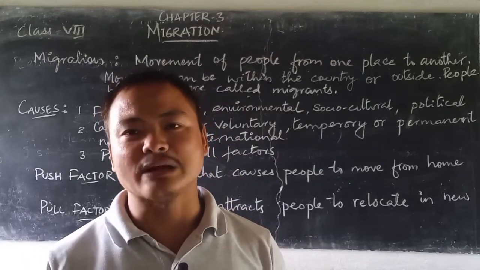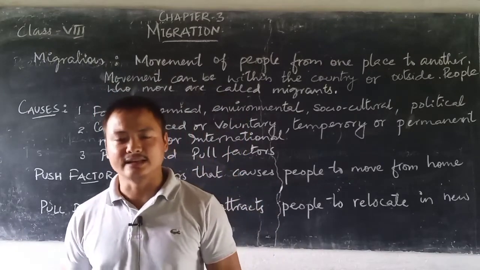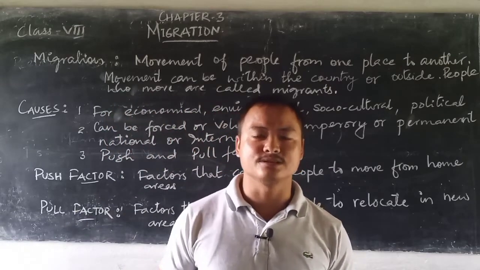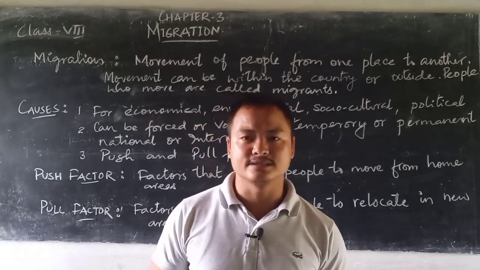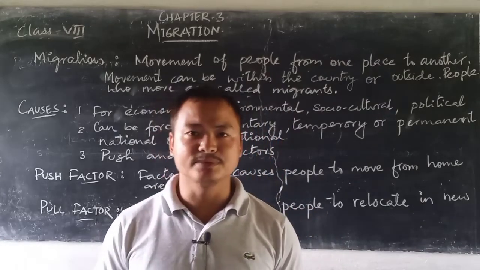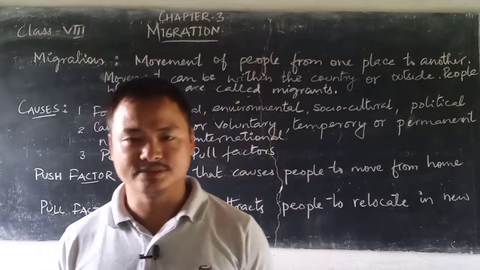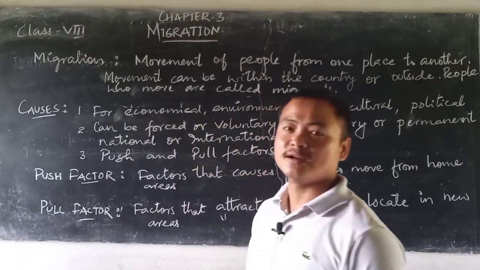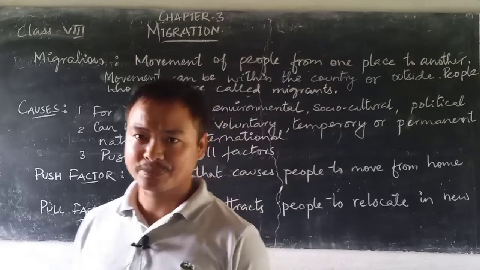So in this case, migration either takes place within a country, that is, you are moving within India from one state to another, or you're moving from India to some other country for education purpose, or for earning purpose, or even for health purpose. So these are the causes for migration, the reasons why people move from one place to another.